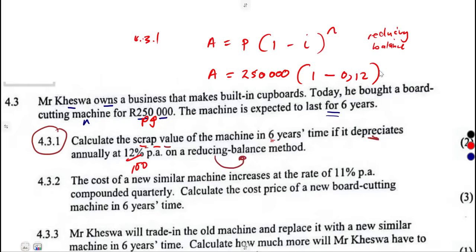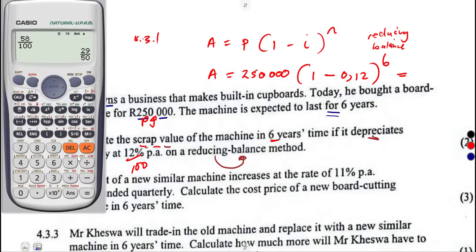All right, to the exponent of the number of years. Within how many years? Within 6 years. So this is it, guys. It was just you and your calculator. Just try to use your calculator properly. 250,000 like this. You open bracket, 1 minus 0.12, close it, to the exponent here of what? 6. So that's it.